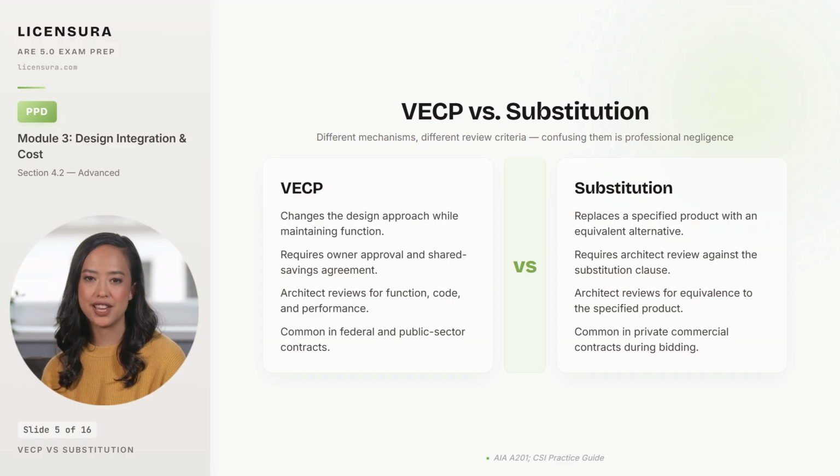VECPs are more common in federal and public sector contracts where statute often requires the mechanism. Substitutions are more common in private commercial contracts during bidding. Misclassifying one as the other can void the resulting agreement and expose the architect to a claim of failure to administer the contract correctly. 4 takeaways close the loop on delivery method VE judgment.